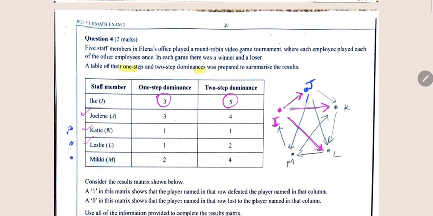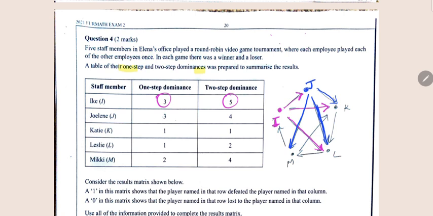So J beat Mickey, J beat Katie, and J beat Leslie. Okay, so that's taken care of Jolene.